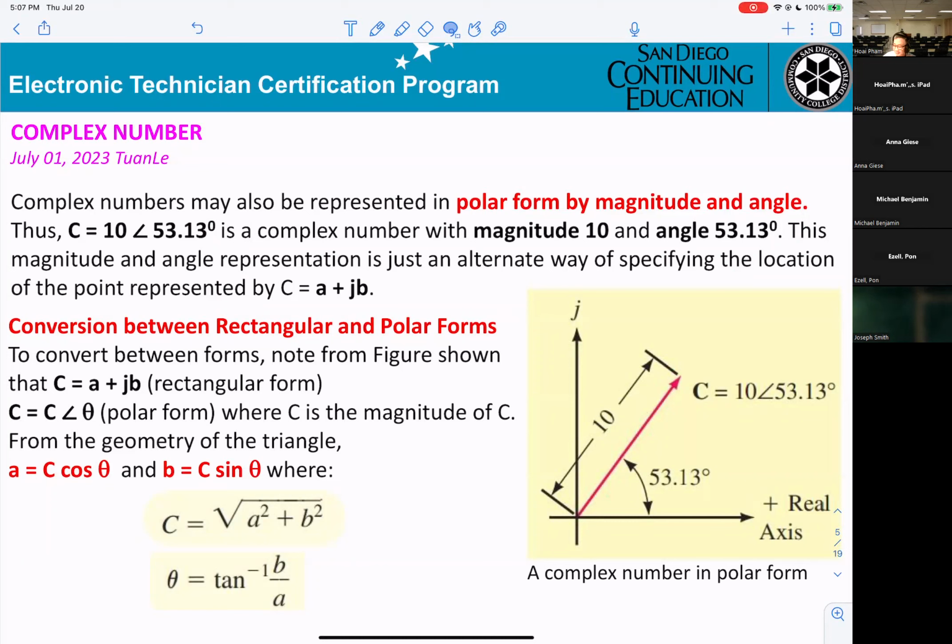You can use complex numbers to do the same thing. The only difference is that complex numbers will also tell you the angle.